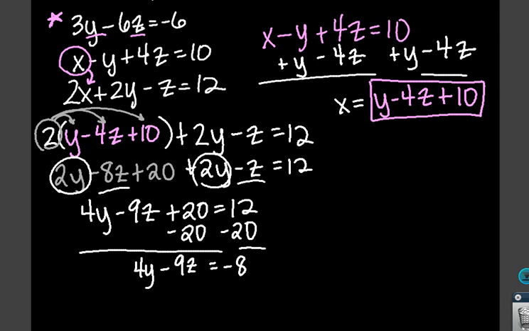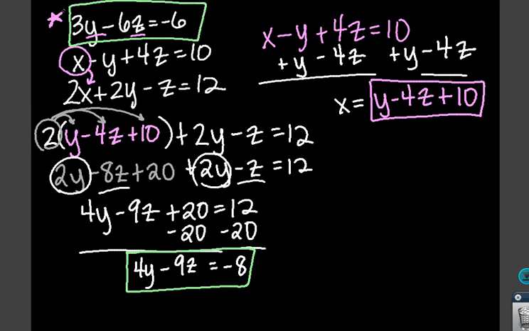Now, we can take this equation and this equation, because they have the same two variables, and we can use those as our subsystem to solve for y and z.